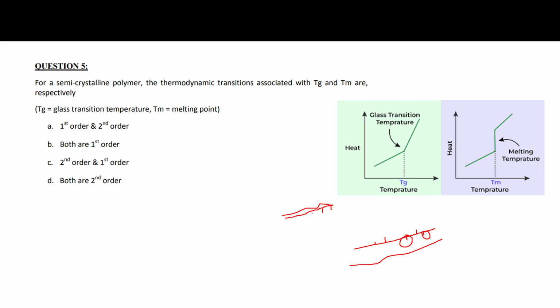Now when we heat this polymer sample, what will happen? First, vibration will happen, for example between the CH bonds of the polymer, so the carbon and hydrogen start vibrating.